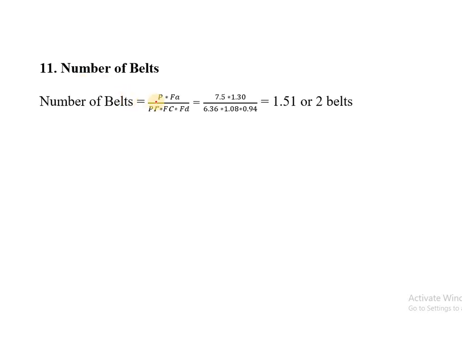Number of belts is the last thing you have to find out. The number of belts is given by P into FA, divided by PR into FC into FD. All these values we have found.